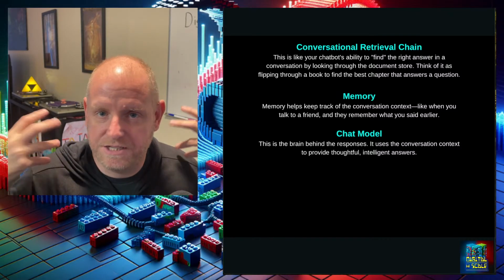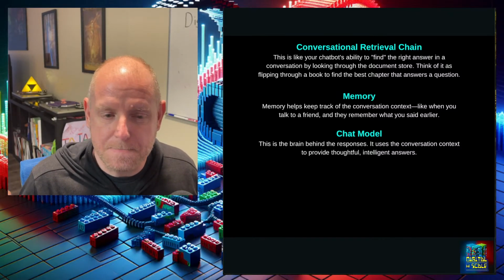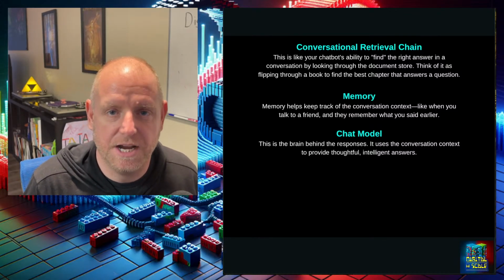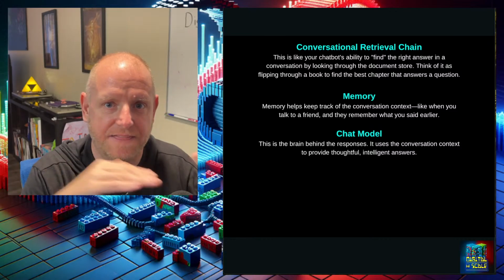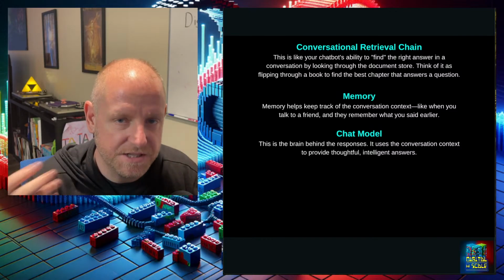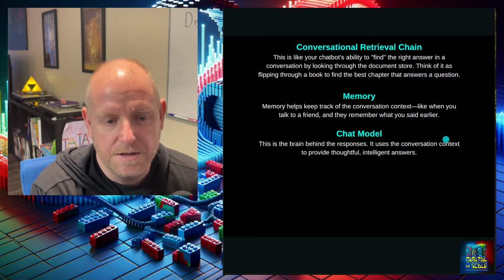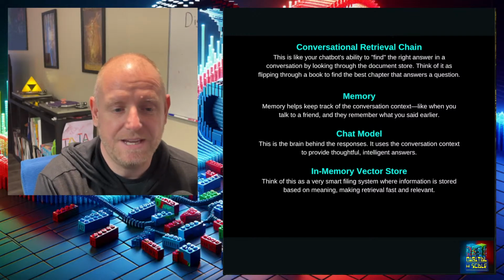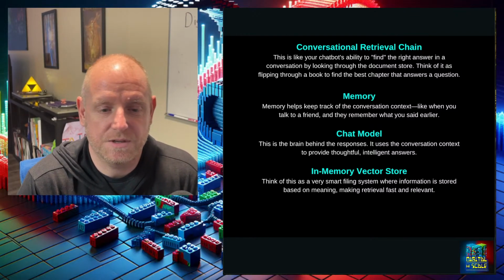The chat model needs to make sense of that. You'll see it in our prompts. You're saying, "Hey, I think the answer's in here," but this is the AI that does the smarts of it.